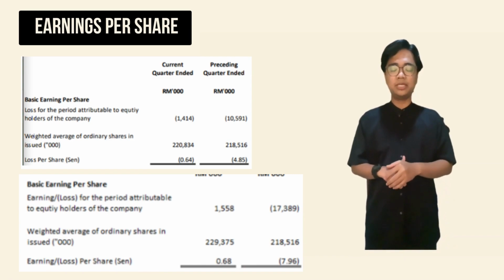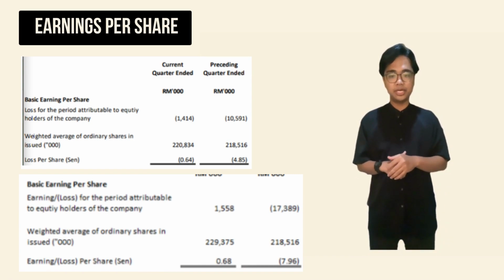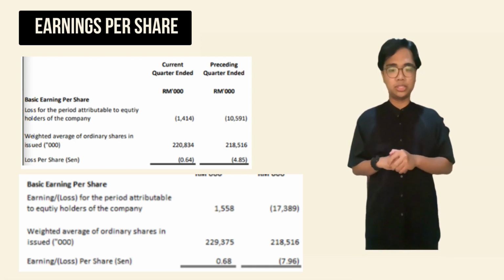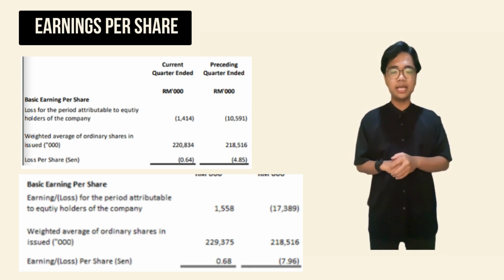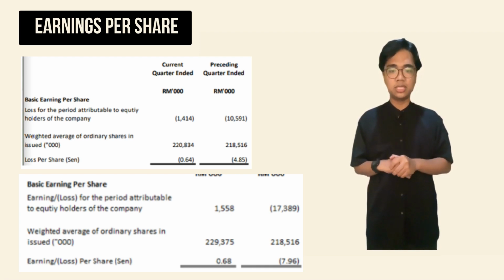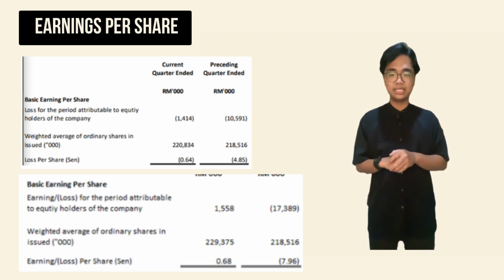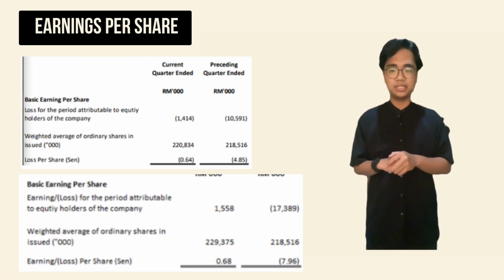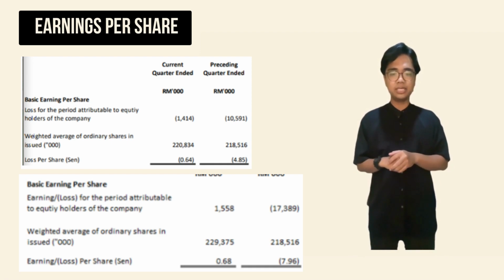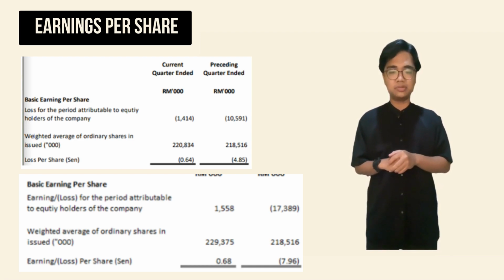As for the adjustment, the first adjustment is on earning per share. The basic earning per share in the individual quarter for the current quarter ended has increased from a loss of 64 cents in quarter 1 to an earning of 68 cents in quarter 2. Basic earnings are calculated by subtracting preferred dividends from the net income and dividing by weighted average common shares outstanding.